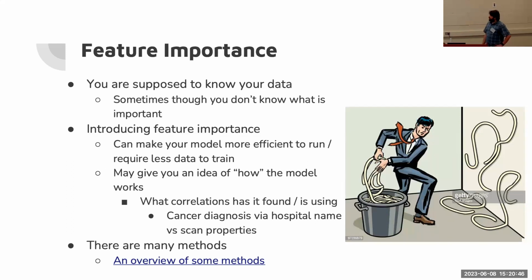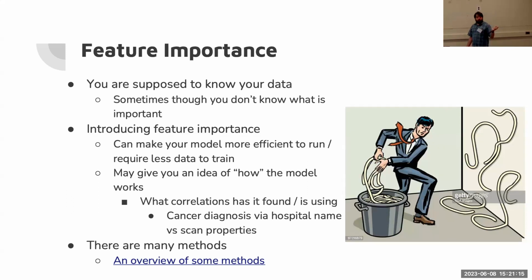My favorite anecdote is cancer detection. They were taking the scans and saying there's cancer, there's not cancer. They got a model that was very accurate, and they started asking the question, how is it doing it? It turns out that on the scans was the name of the hospital, and it was the best oncology hospital in the area, which is where all of the patients were sent by the GP when they suspected cancer.